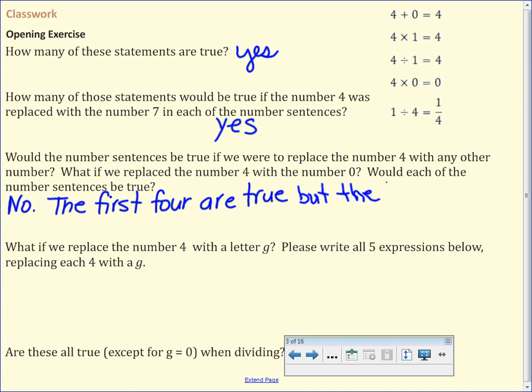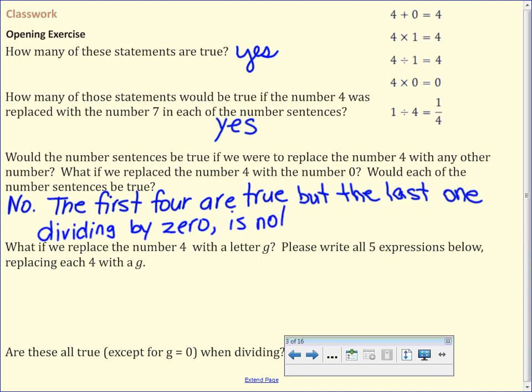But the last one, dividing by 0, is not true. Okay? So no matter what number we change 4 to, all of those statements are true, unless we use 0, and the last one's not true. Okay? So hopefully you have this answer written down in your notes.